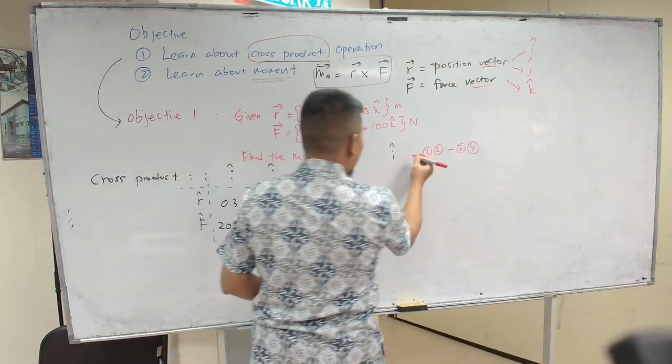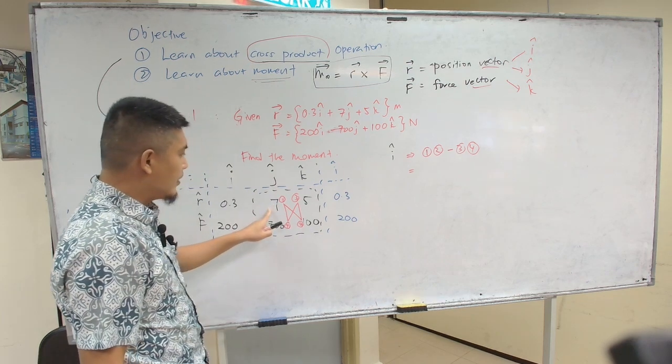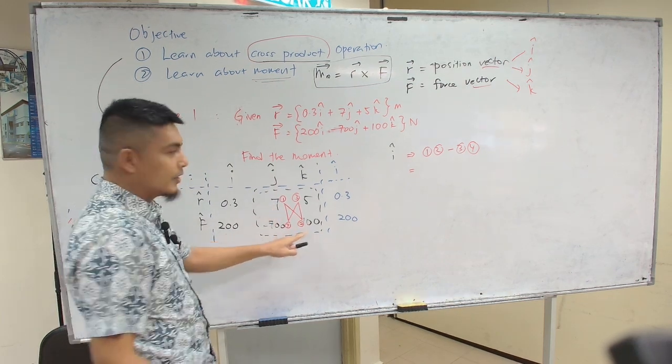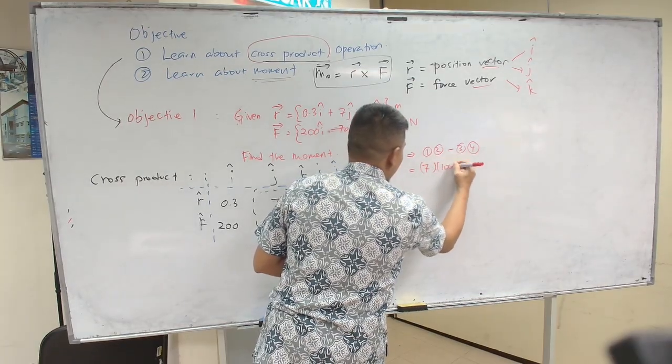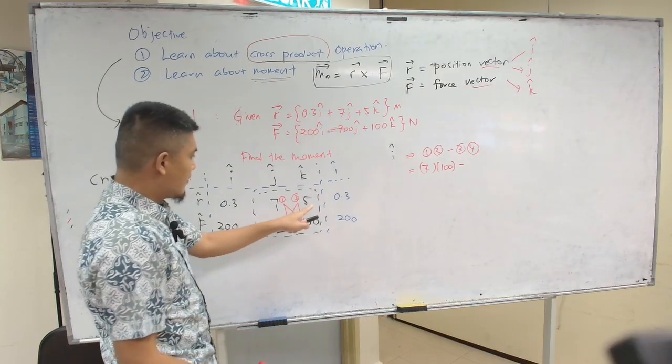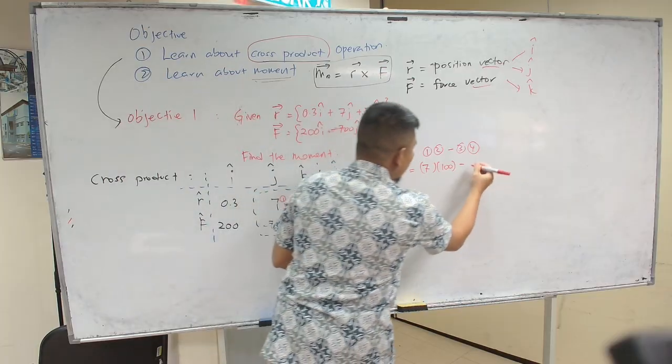So, for the I direction, you get 7 multiplied with 100 minus 5 multiplied with negative 700.